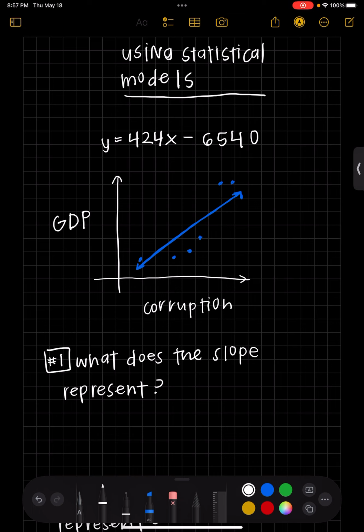So I would say the increase in corruption score also creates an increase in GDP. And we don't have to be so specific about it. You don't have to tell me exactly how much it increases.